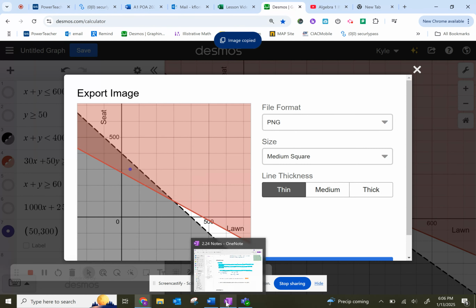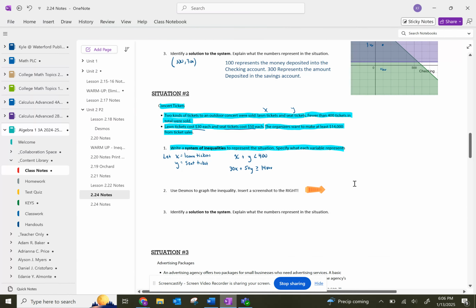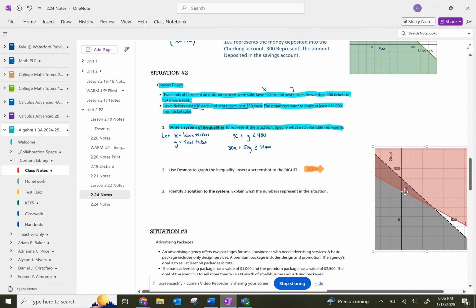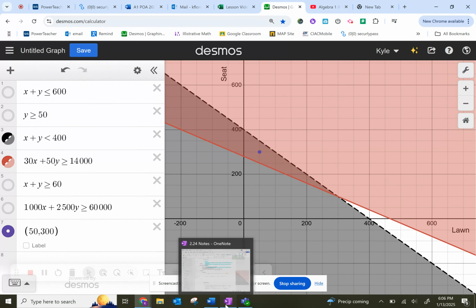Right click copy. Right click paste. I like to set as background. So that point right there, which I said was 50, 300, yep, is going to be a solution.